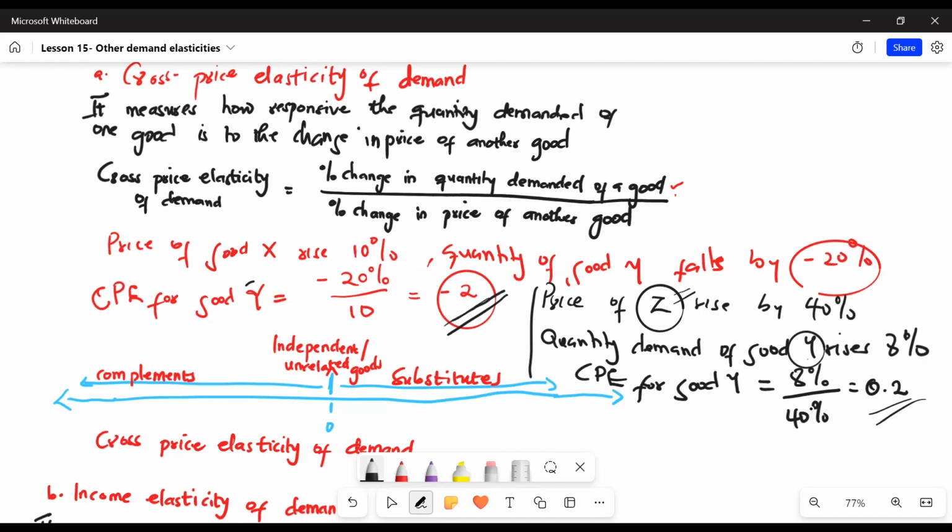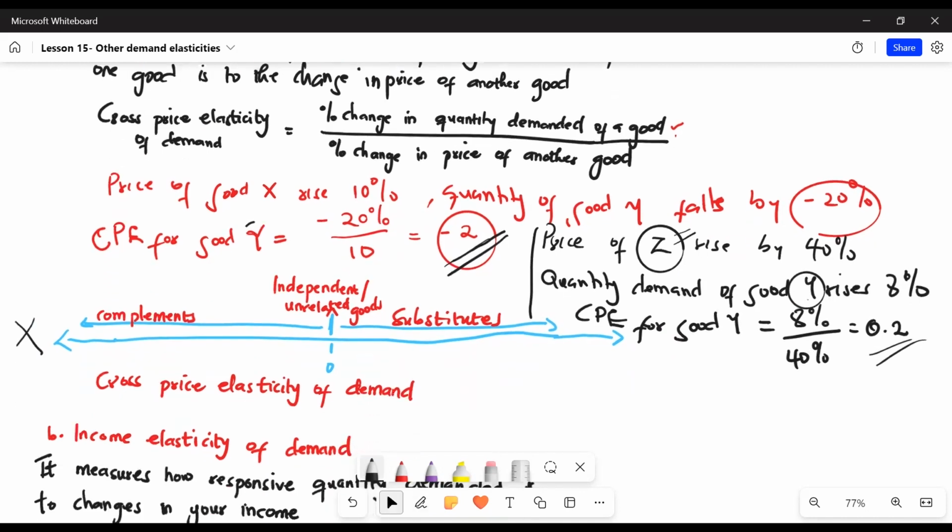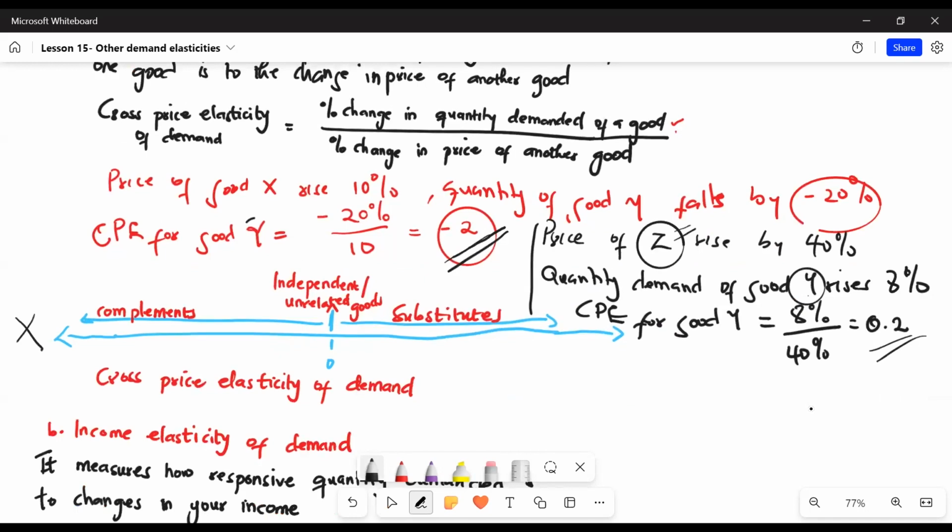So we can use this simple diagram to show when two goods are substitutes or complements. When the cross price elasticity of two goods is 0, then the goods are independent or unrelated goods. For example, Pepsi and shoes. You don't consume them together.